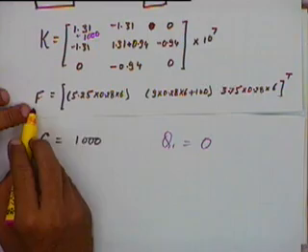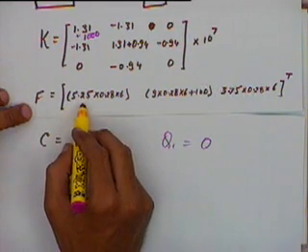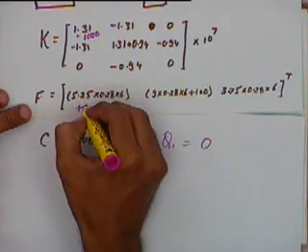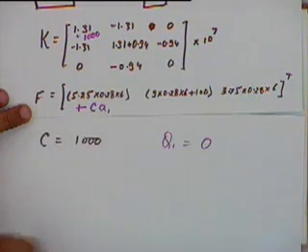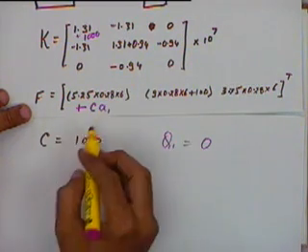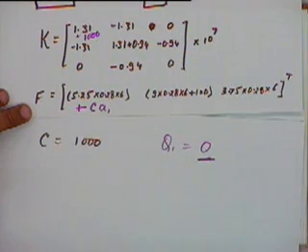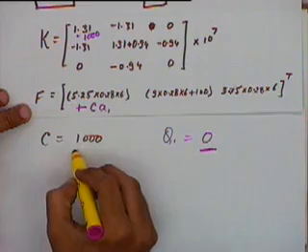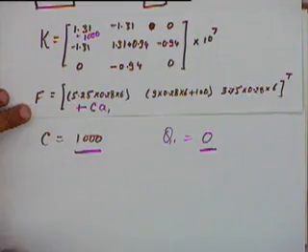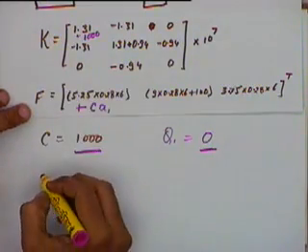So here I will add, this will become plus 1000, and in the F matrix in the first location I have to add this plus C times A1. Again A1 is equal to 0. A1 is this term and C is this. So my modified matrices would become something like this.